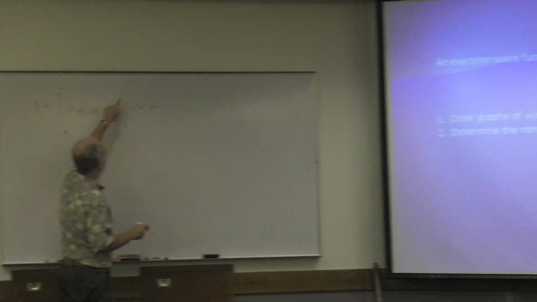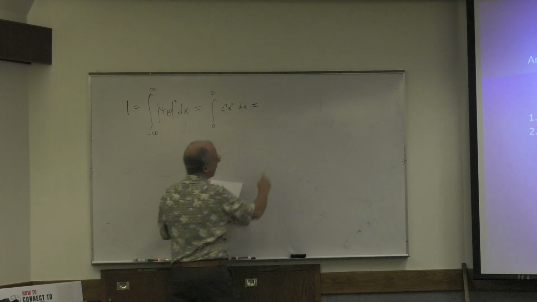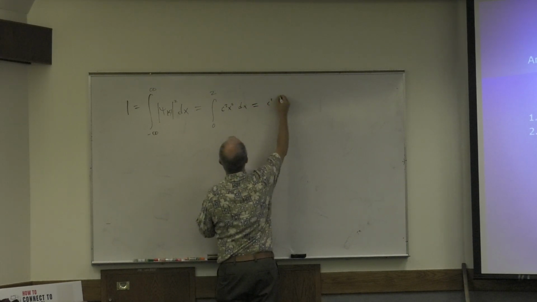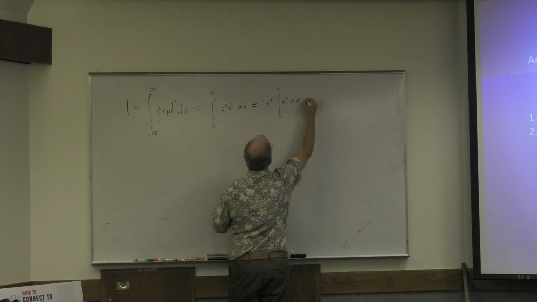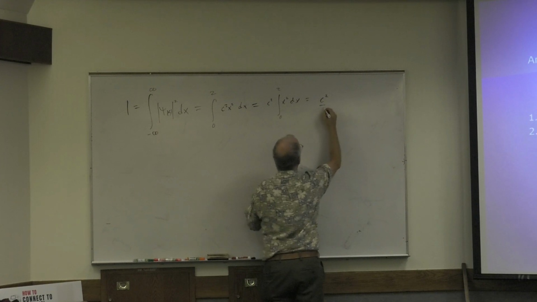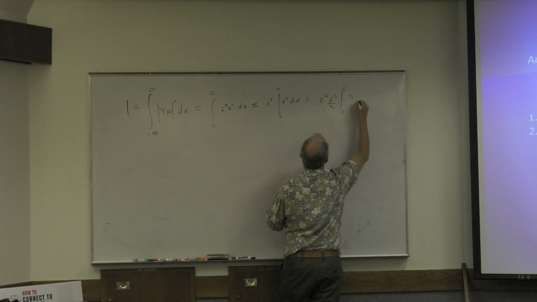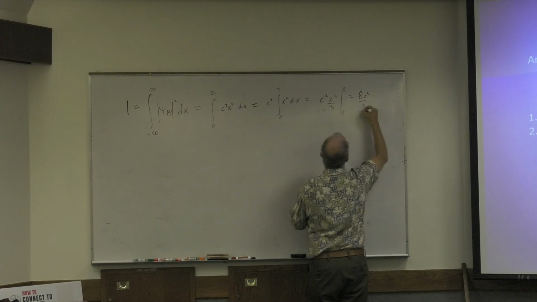So 0 to 2, c squared x squared. Well, that's not so bad, right? I mean, it's going to get worse. That's the same thing as c squared times the integral from 0 to 2 of x squared dx. That's c squared x cubed over 3 from 0 to 2, and that's 8c squared over 3.